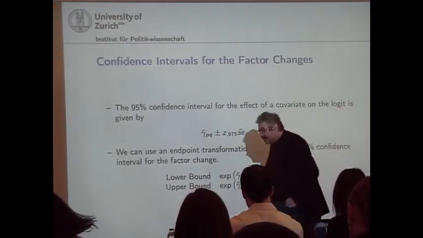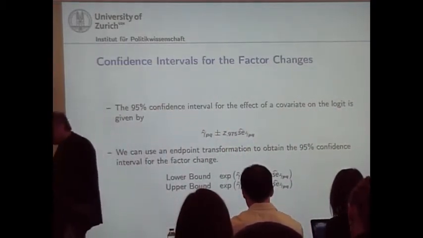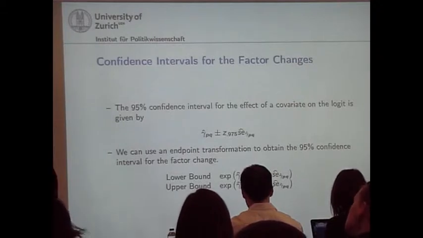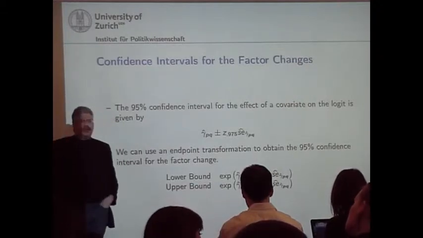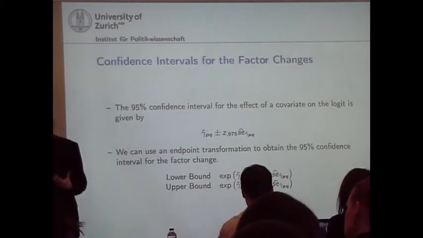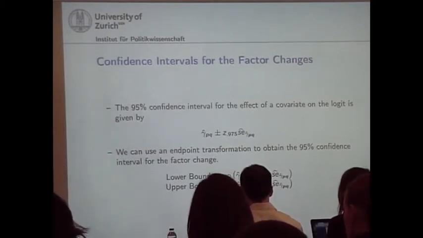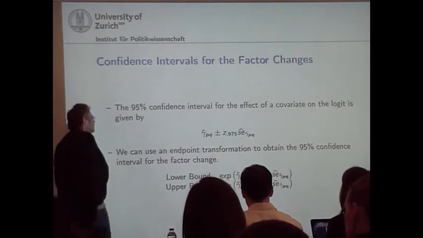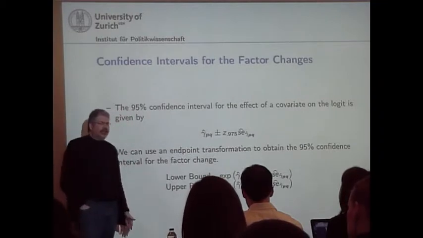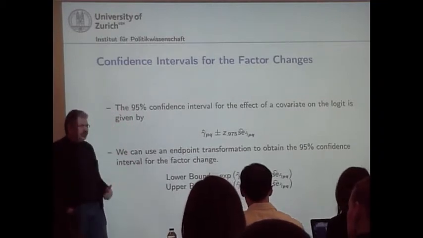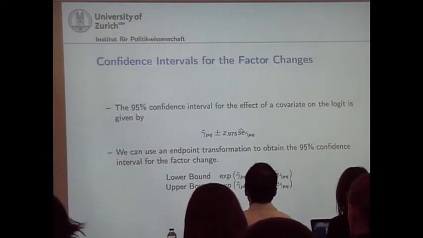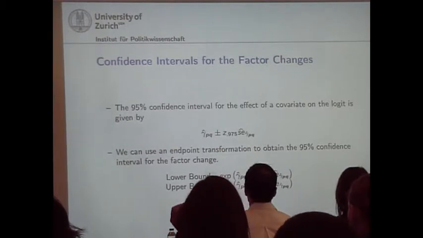These factor changes, the way I've reported them here, are point estimates, because the factor change formula is something you have to estimate based on the fixed effect estimate, the gamma estimate. So it's sometimes useful to also get confidence intervals on the odds ratios, on the factor changes rather.